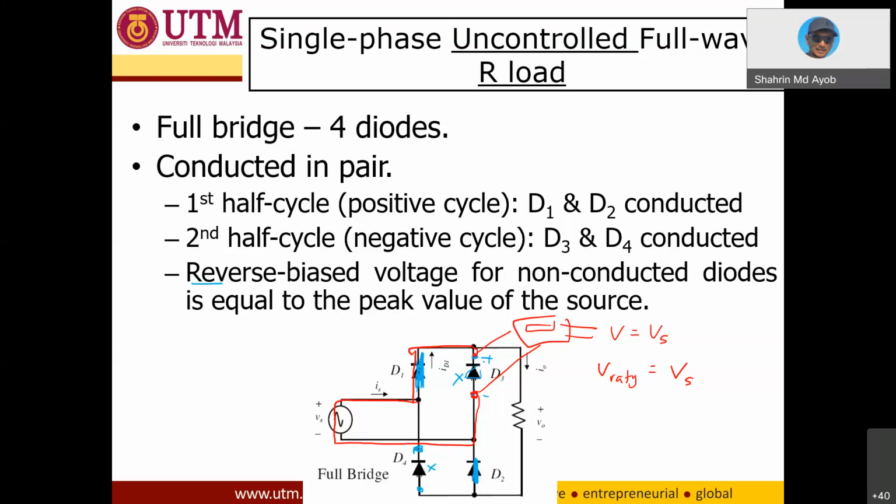So it will be a wastage of money. We want to optimize the design, the cost, and so on. So when we design something, we need to have some analysis on what is the minimum voltage rating for the diode for my application.